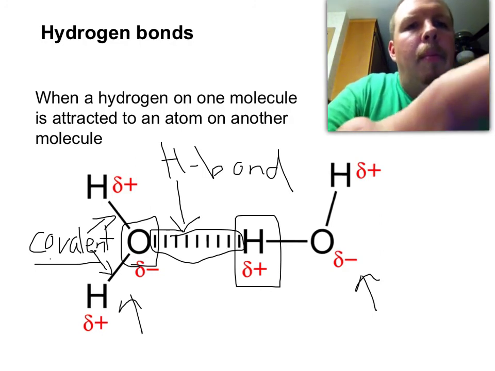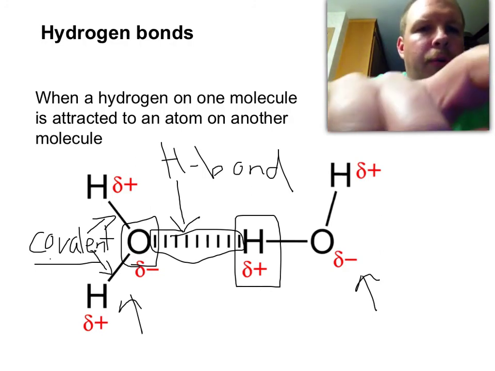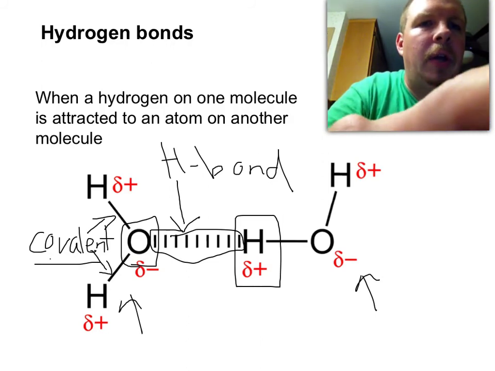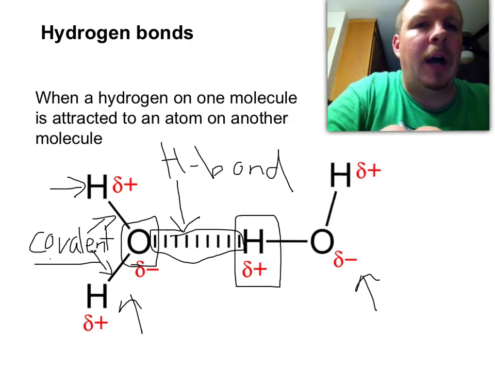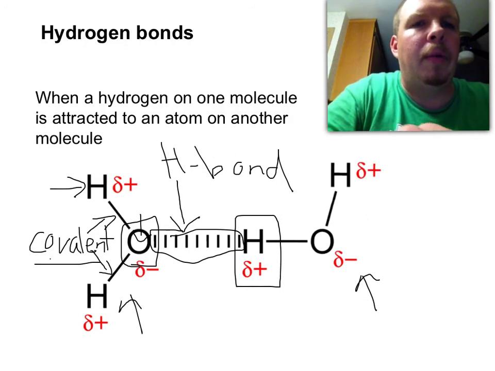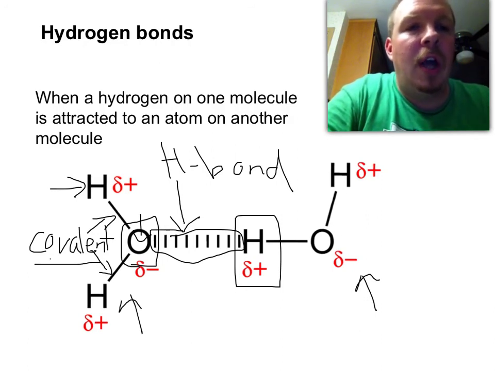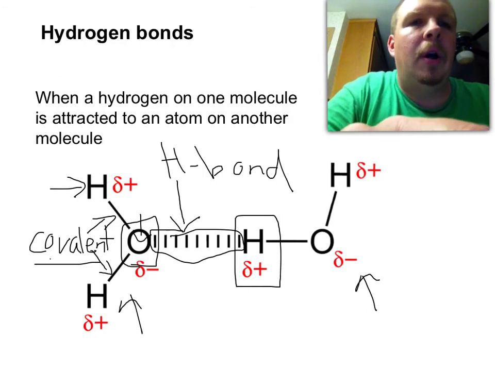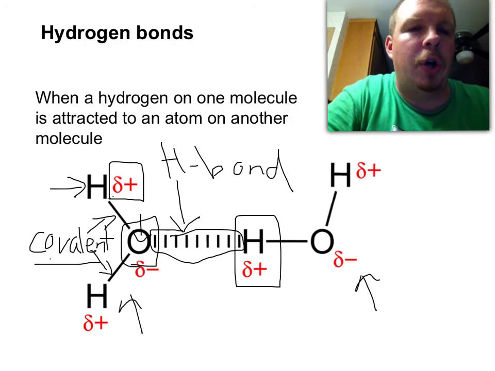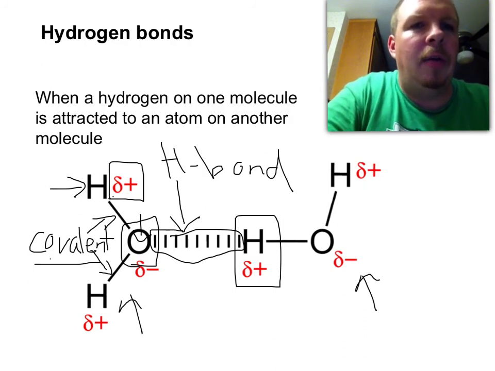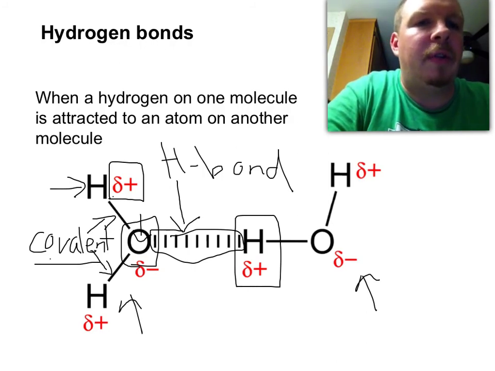And so when the electrons are moving between the hydrogen and the oxygen right here, the electrons actually spend less time around the hydrogen and more time around the oxygen. And so remember that electrons have a negative charge, and if they're spending less time around the hydrogen, that's going to give a slightly positive charge to the hydrogen. And because the electrons are spending more time around the oxygen, then relatively speaking, you've got a slight negative charge on the oxygen.